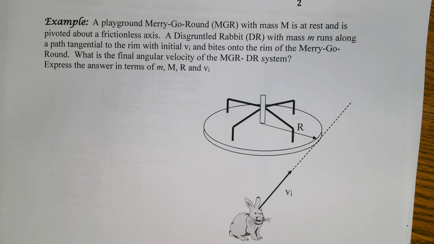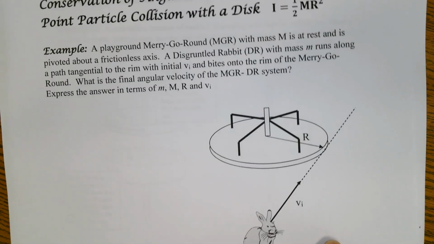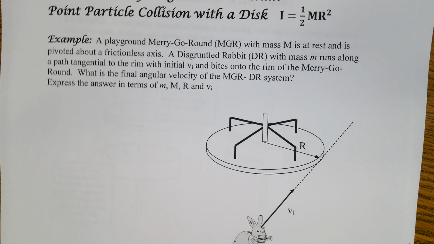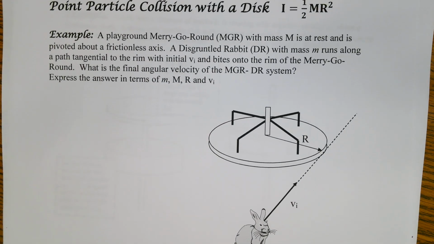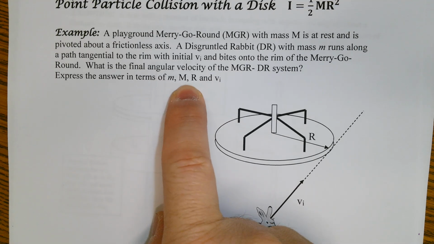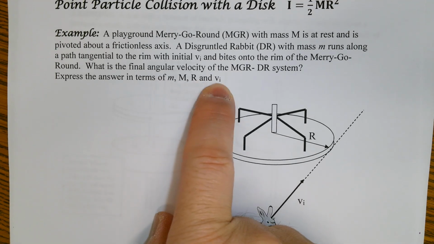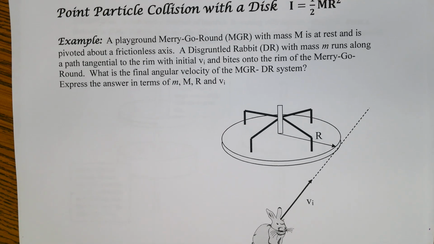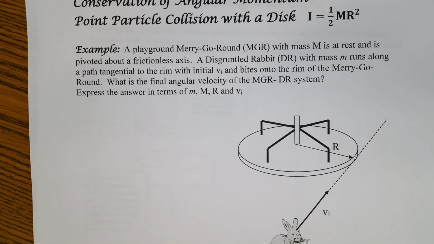So, what is the final angular velocity of the merry-go-round and disgruntled rabbit system? Express the answers in terms of m, big M, r, and vi. This seems rather like, oh my God, type of problem, but it's not.